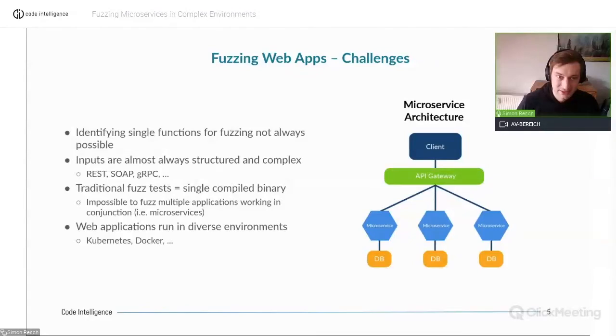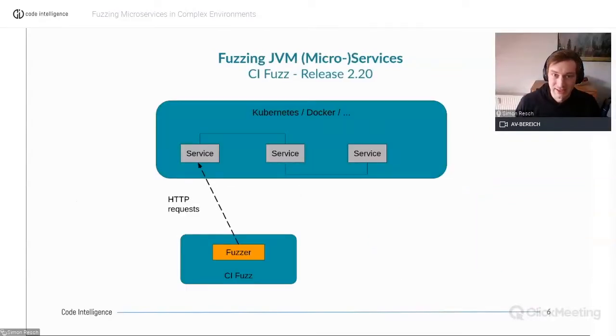Those problems came up a lot during our work at Code Intelligence, and many customers are having this problem, so we wanted to address them, which led us to developing a new kind of fuzzer that's included in our latest release, release 2.2.0 of CI Fuzz.